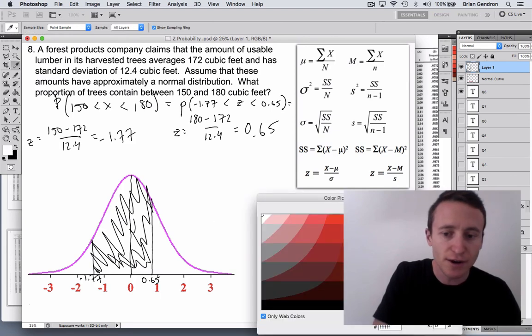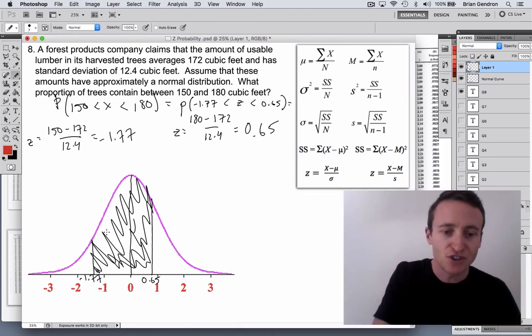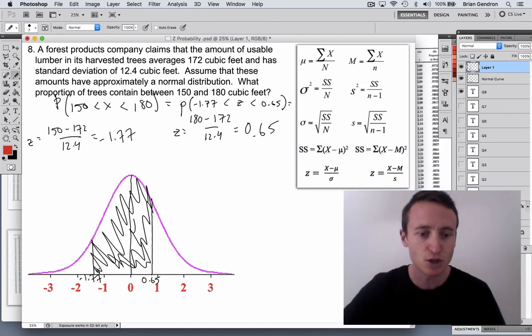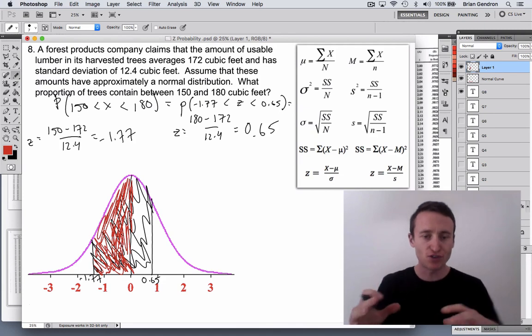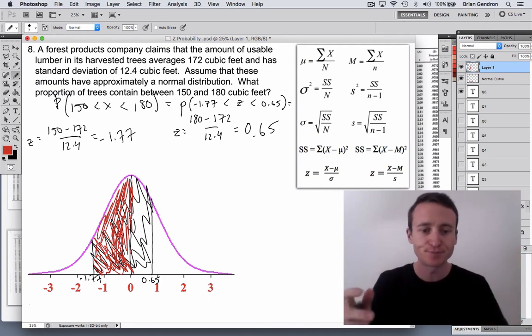I'm going to get a new color here. Let's use red. I'm going to essentially break this proportion into two pieces. The first thing I'm going to look at is from negative 1.77 to the mean. This section right here in red. And then I'm going to add that to this section in black, and together we get the proportion between the two values we care about.